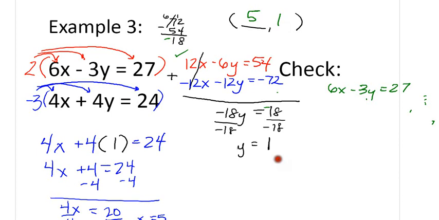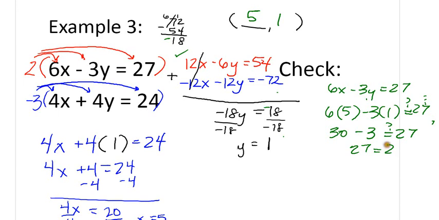So down here, I'm going to say 6 times 5 minus 3 times 1 we think will be 27. And so I have 30 minus 3, we think should be 27. And yes, we found the mistake. And let's double check to make sure this first one is good. It works with both of them.